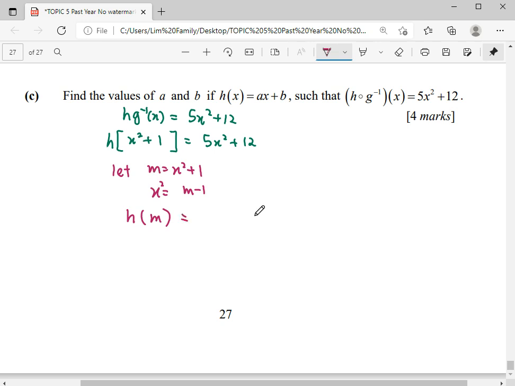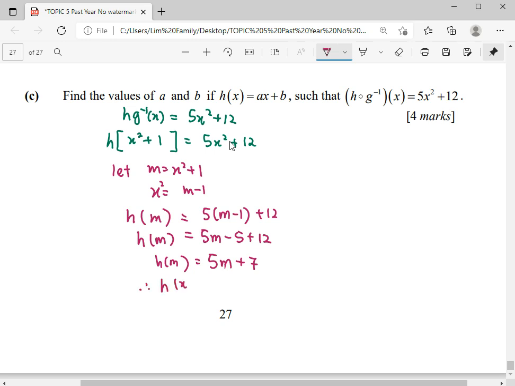For the x squared part, we change it to m. x squared will equal m minus 1. So I simplify here, hm equals 5m minus 5 plus 12, so 5m plus 7. Therefore, I can map back from m to the single x.